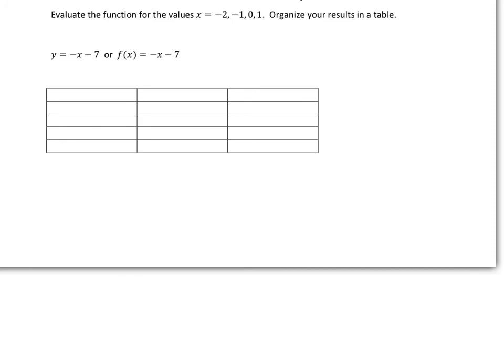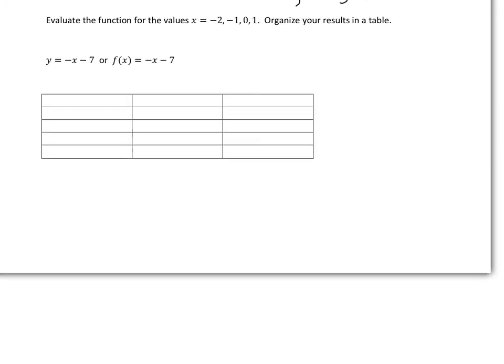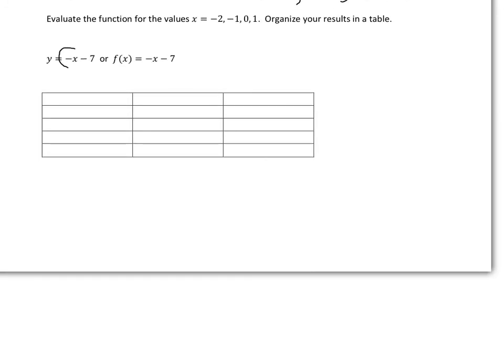If you look, we have y equals, remember this negative sign in front of a variable means the opposite of x, right? So now you also see this is function notation, and we'll talk more about that later. But you notice that it's basically said f of x, the opposite of x.